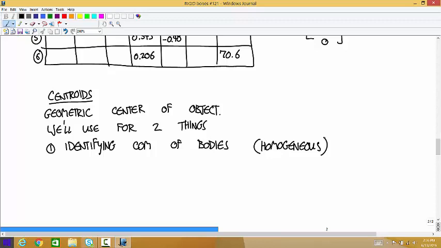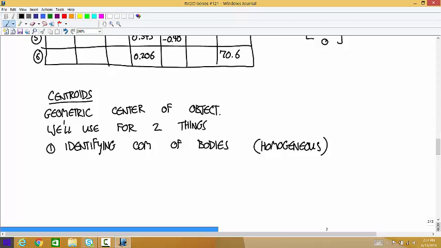For example, the centroid of a hammer is not the same as the center of mass of a hammer because part of it's wood and part of it's steel. But if the hammer was all made out of steel, then the centroid, the geometric center, would match up with the center of mass. Since we're normally dealing with homogeneous bodies, we're going to use the centroid calculation for center of mass.